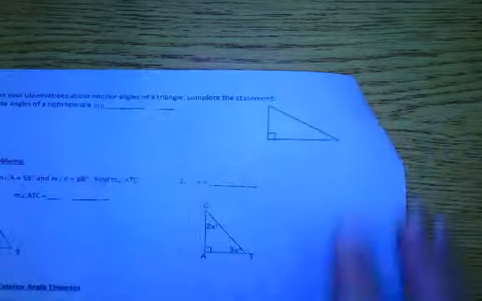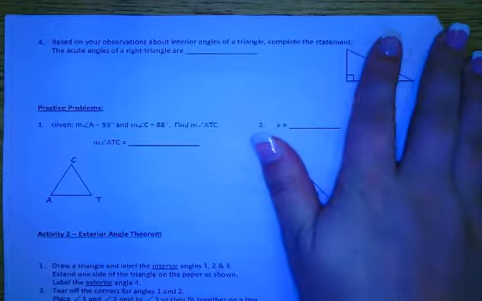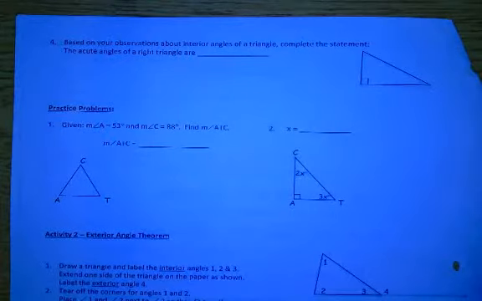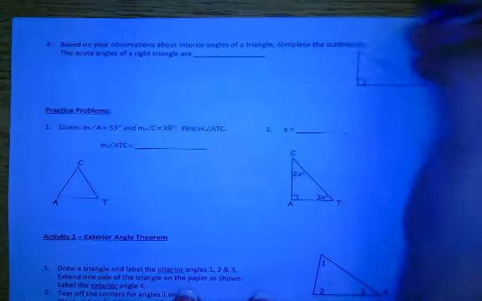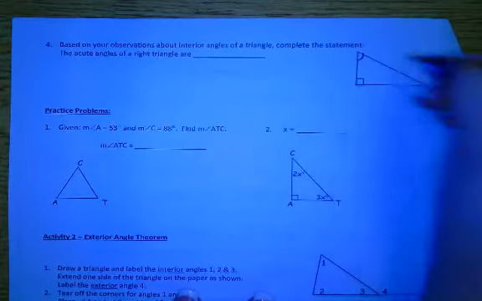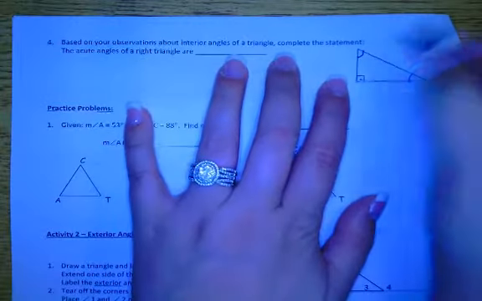Okay. So, based on your observation about interior angles of a triangle, complete this statement. The acute angles of a right triangle would be blank. What do you think goes there? So the acute angles of a right triangle, this is how many degrees? 90.